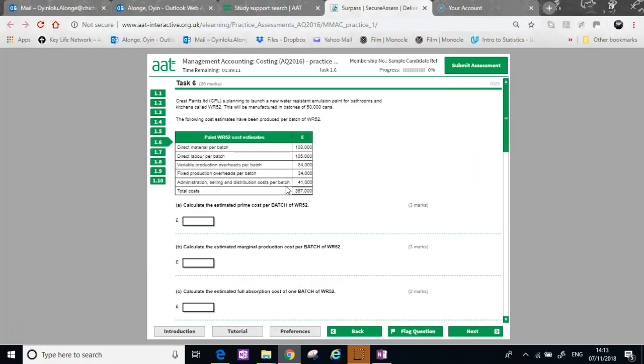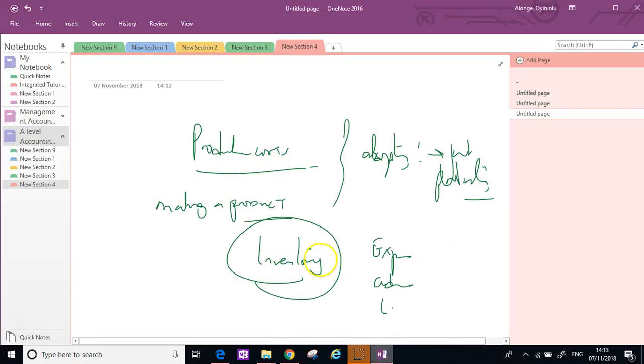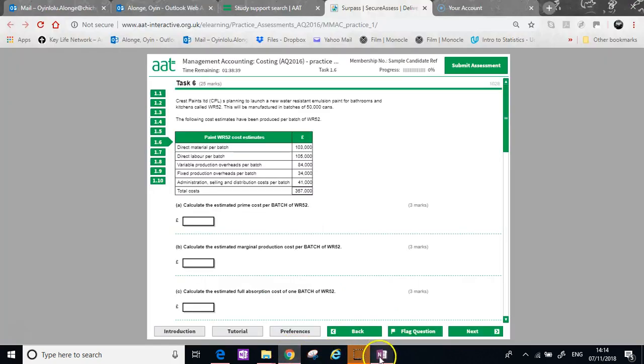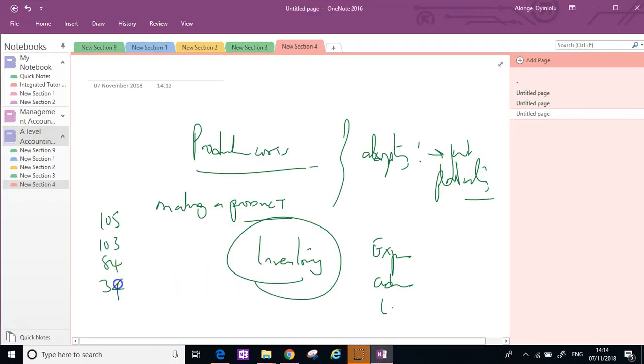So I have 105, 103, 84, and 34, and adding all this together gives us 326. So I've literally taken into account the fixed production overheads.